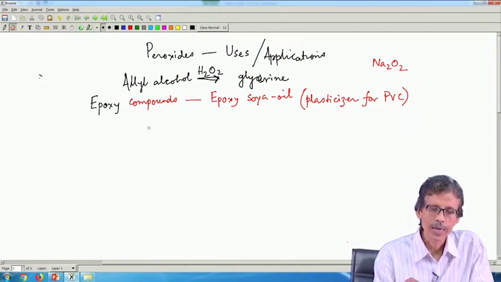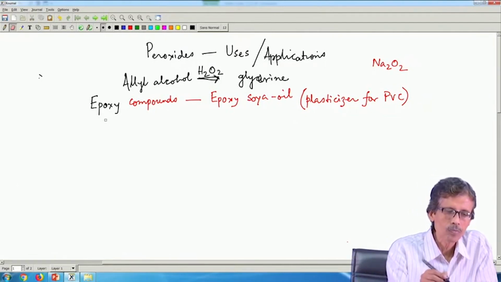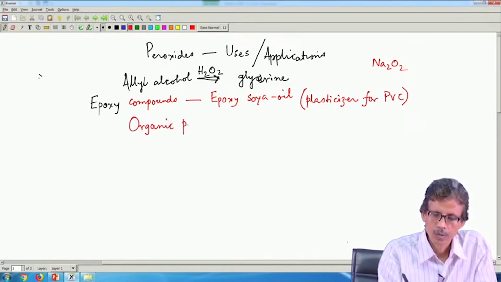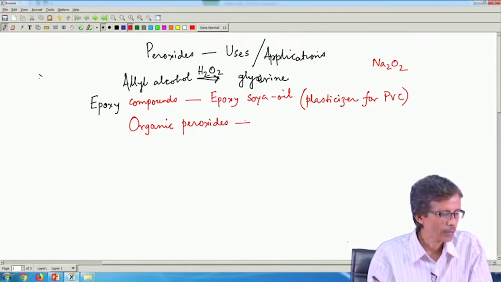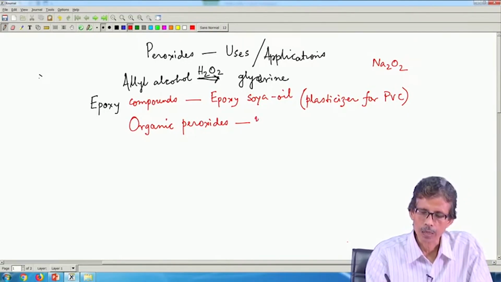Then we have organic peroxides, and examples are plenty.